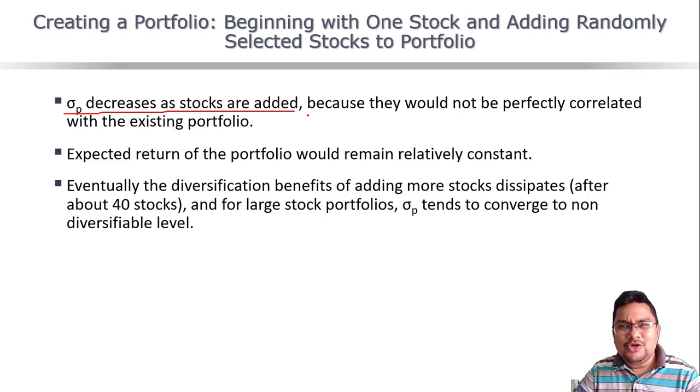Normally it will be between plus 1 and minus 1, so it will contribute to some reduction of the portfolio standard deviation. Expected return will remain relatively constant, but what we want to focus on is the standard deviation. So ultimately you will get more and more diversification benefit if you keep adding more and more stocks.